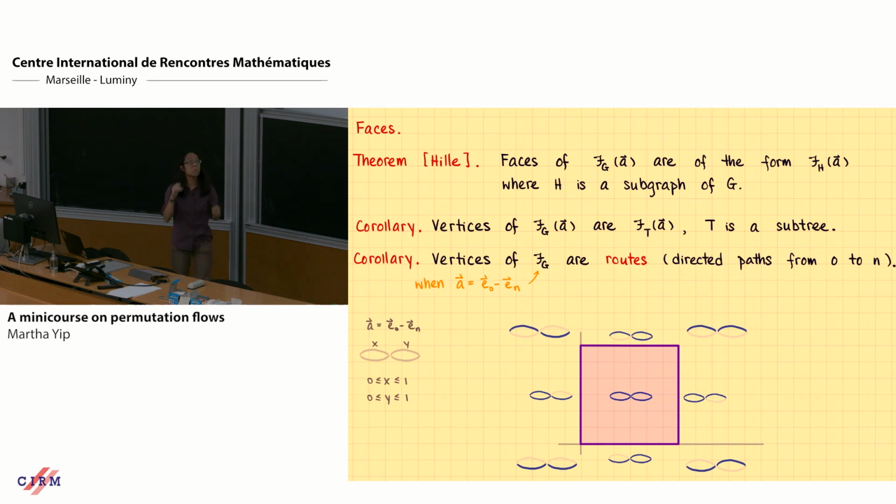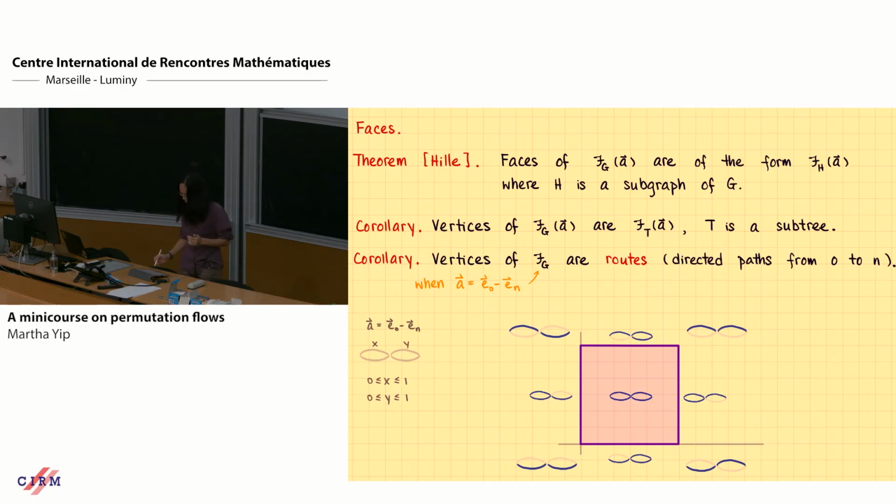Okay, William also mentioned faces of flow polytopes, so I just wanted to mention this result by Hille. Faces of a flow polytope are supported on certain subgraphs of G, and this subgraph H of G has to be able to contain a flow.